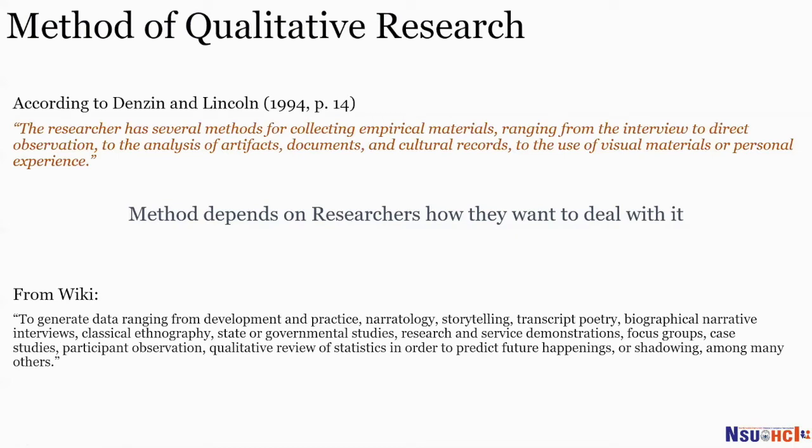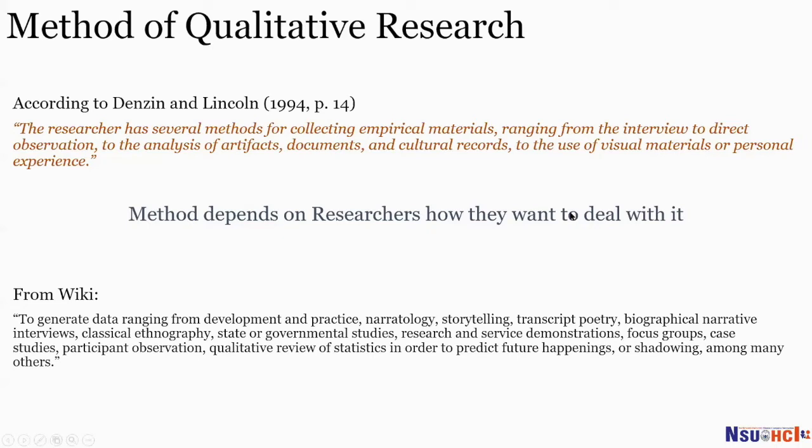According to Denzin and Lincoln, there are many ways of doing qualitative research. You can do analysis of numerous materials, or you can do cultural records or something like that.